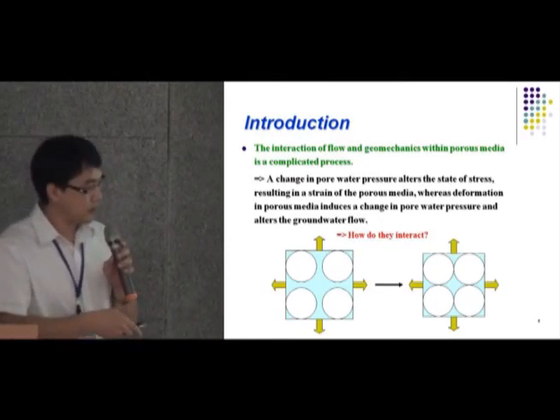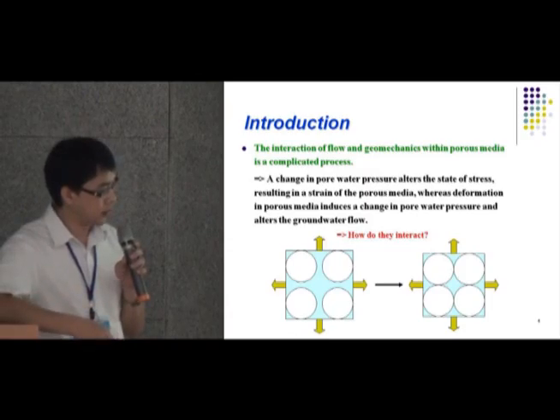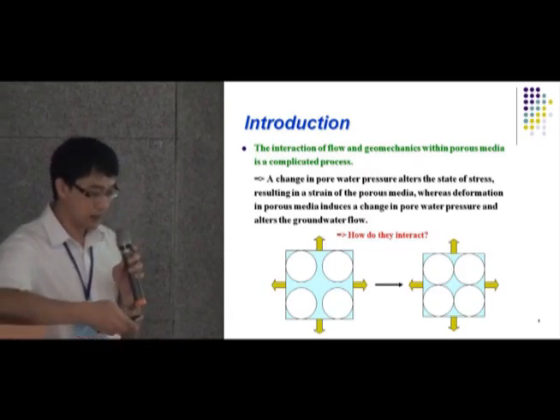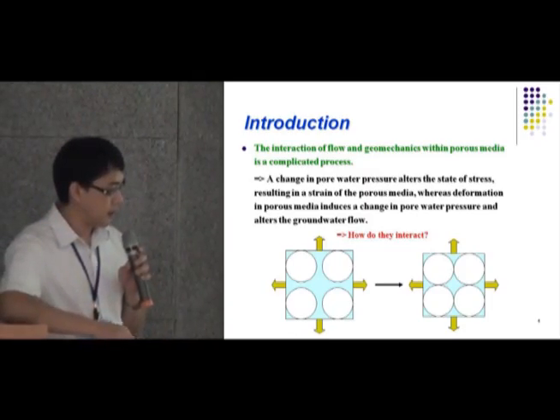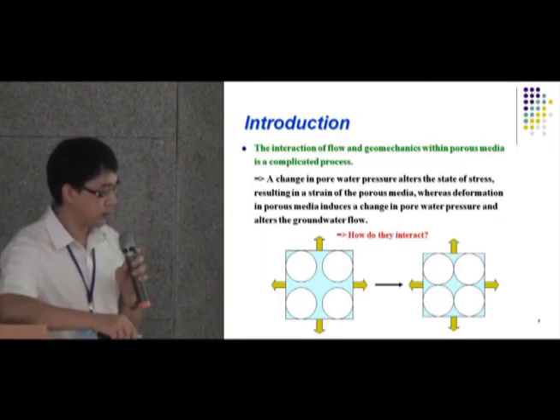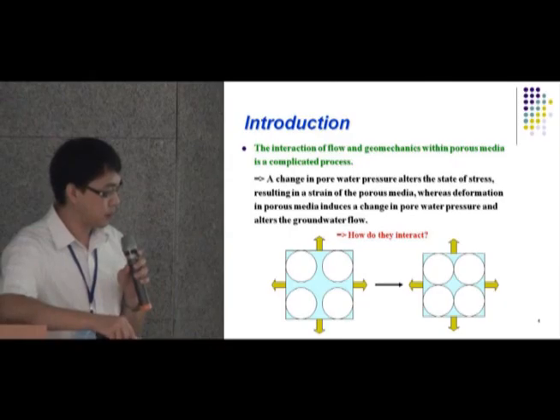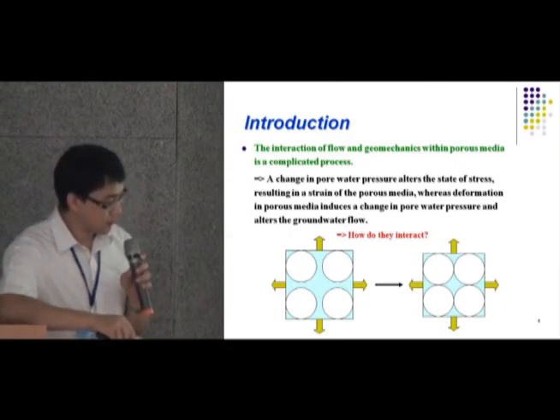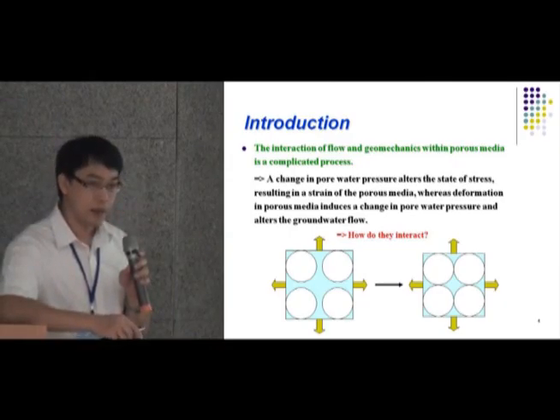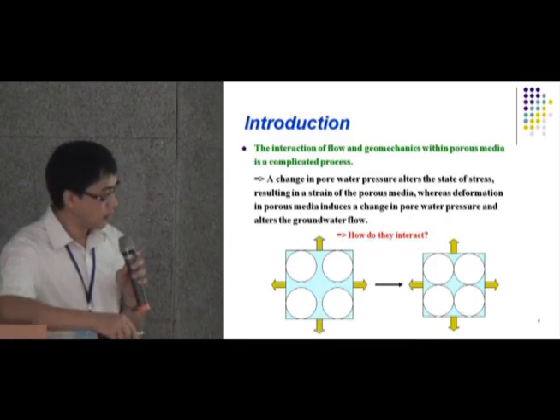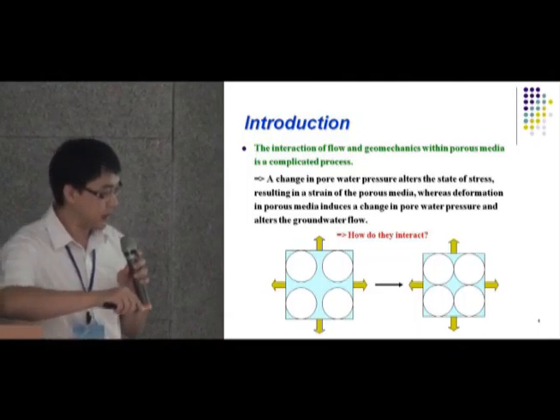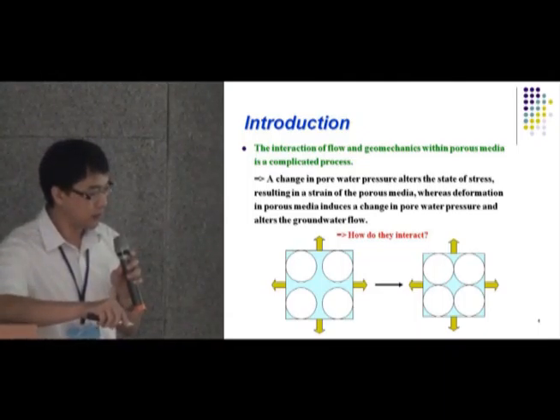And let's see a very simple example here. Let's see how they interact. We have a porous media like here, and we have the solid phase, the white circles, and we have the pore phase with the wavy pattern here. And if we drive a change condition at the boundary, we will compress this porous media to become like this one.